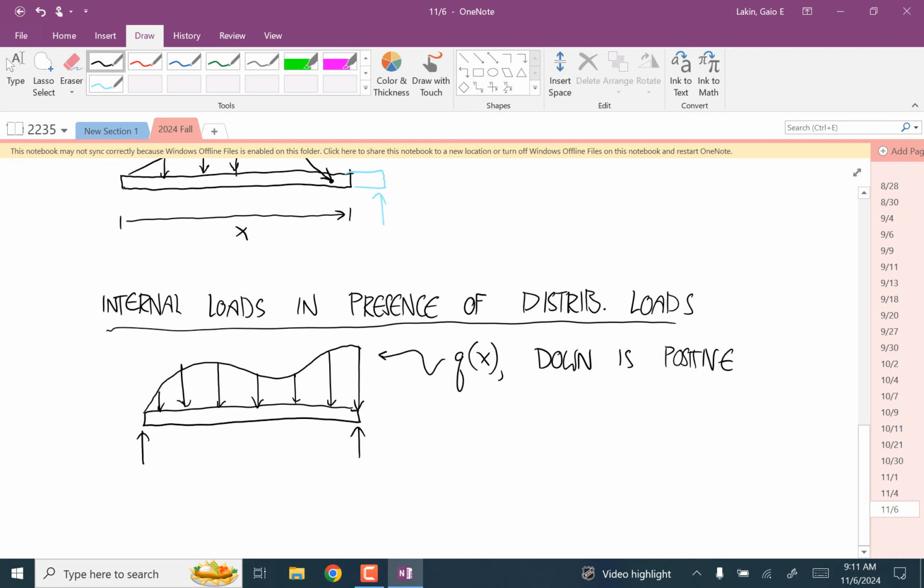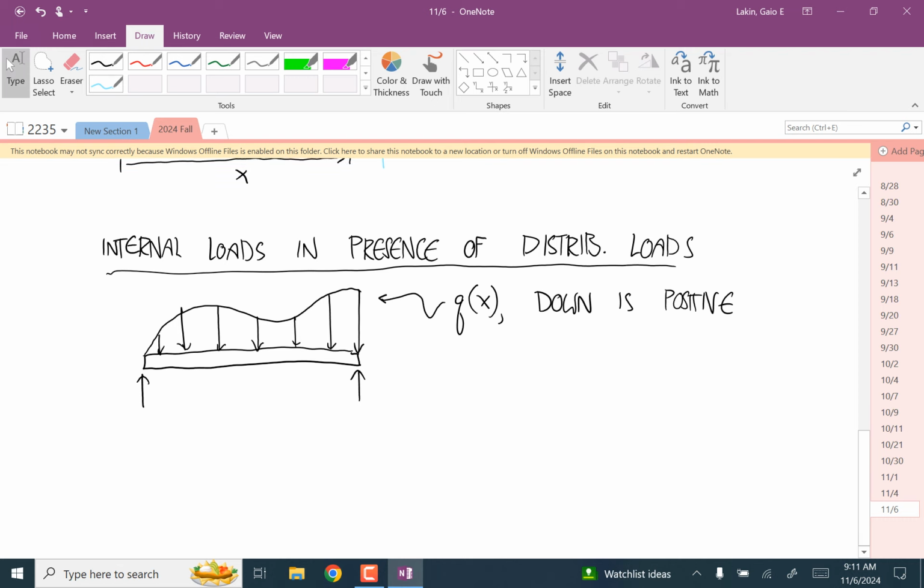And I mentioned this when we first talked about distributed loads, but it really didn't have much relevance yet. But now, I'm going to say it again. So remember this.